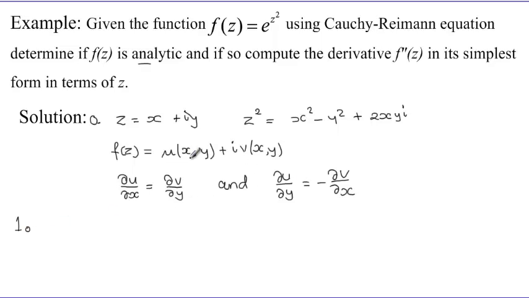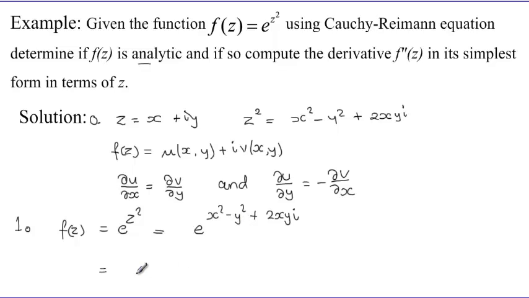Let's try to get f of z in this form, in terms of its conjugate functions u and v. We're going to express f of z as e to the power z squared, which equals e to the power x squared minus y squared plus 2xyi.